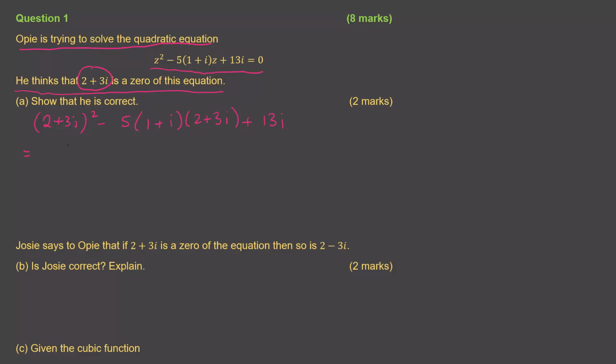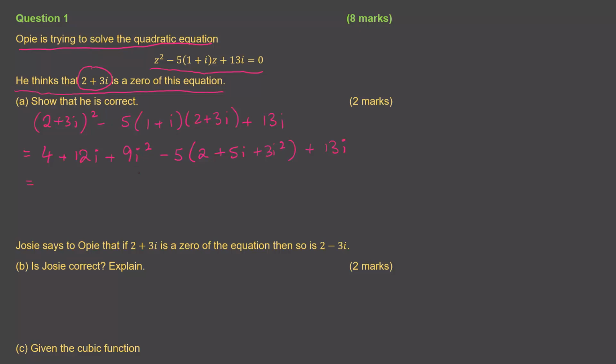So expanding out, that's going to give me 4 plus 12i plus 9i squared, take away 5, 2, and then we'll get plus 3i plus 2i, so plus 5i, plus 3i squared, plus 13i.